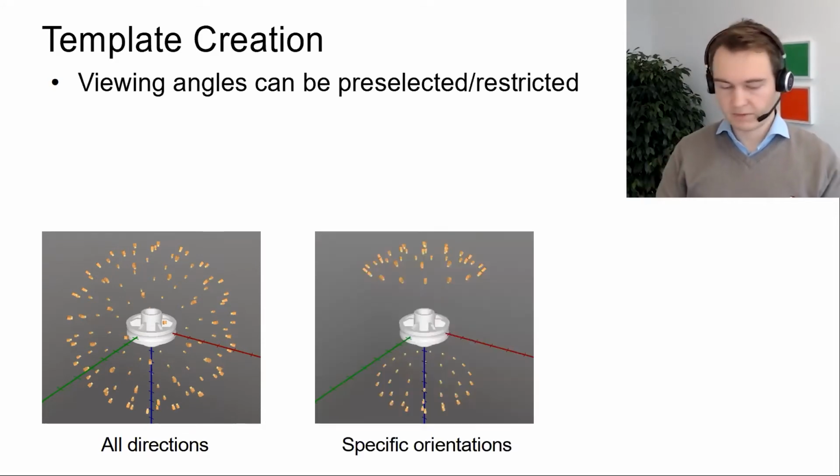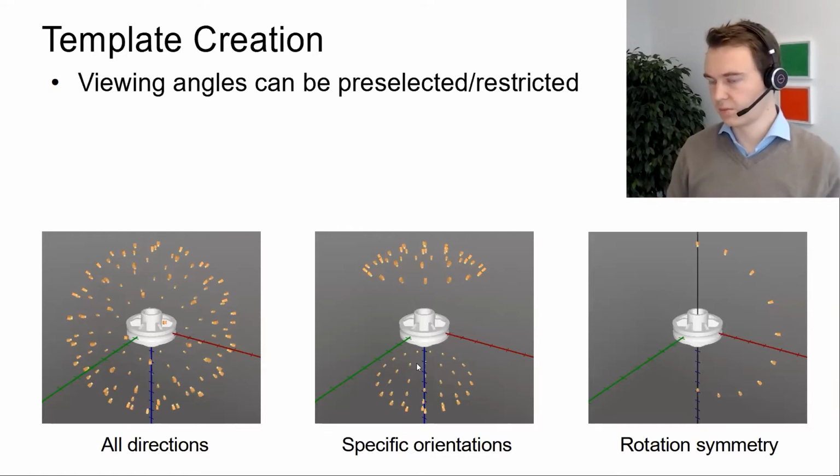But if you have, for example, a sheet metal part or something like this, you would not expect the sheet metal part to be standing upright in your bin. This will usually not happen. It will just fall to one of the two sides of the sheet metal part. And so you can tell the template creation to only create templates from the top or from the bottom view of your object.